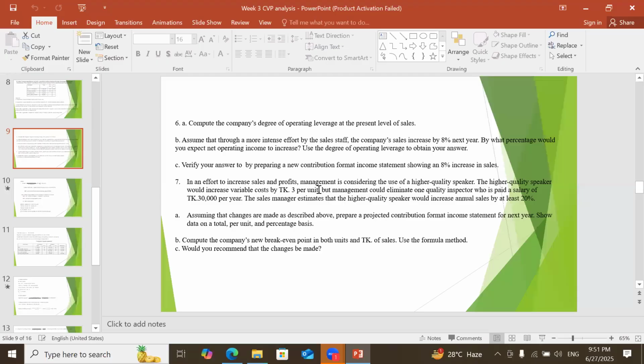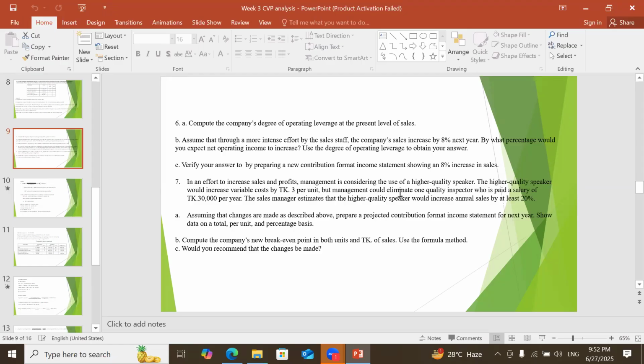If you want to develop the higher quality speaker, then the variable cost will increase by 3 taka. But original variable cost 45 taka and now increased by 3 taka. Then total variable cost will be 48 taka per unit.